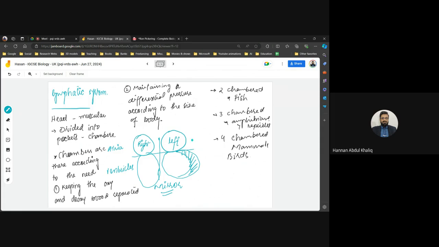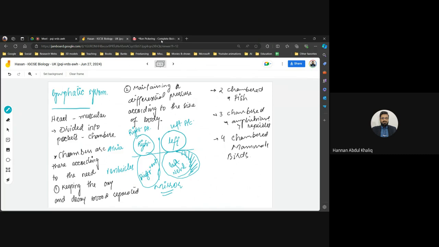So this portion would be called the right atrium. This one would be called the left atrium. This is going to be called the left ventricle, sorry, the right ventricle, and this one is going to be called the left ventricle.